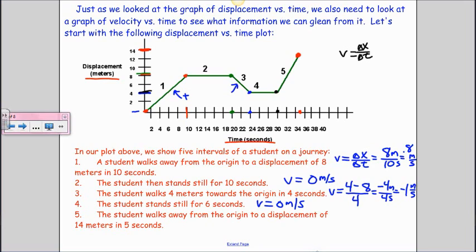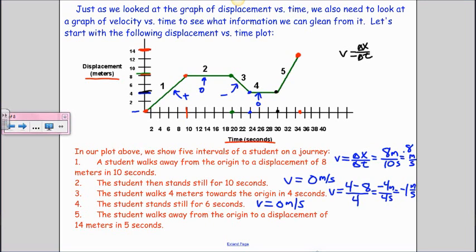However, this slope for part number 3 is negative. It's moving down. So that tells us, just by looking at these, part 1 has a positive slope and part 3 has a negative slope. If there is no slope at all, part 2 and part 4, velocity is 0. If it's flat, velocity is automatically 0.